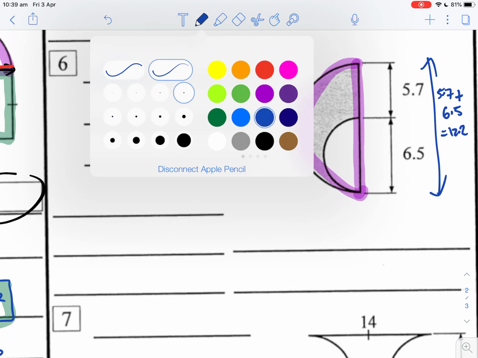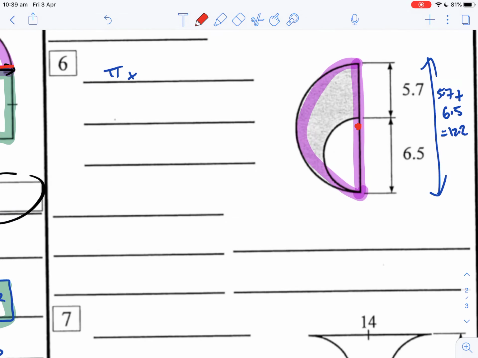So I'm going to draw that onto here. So the radius for this full circle would be my 6.1. And I'll just show that working there. So basically I had my 12.2 divided by 2. I've halved it. That's where my 6.1 comes from. So pi times my radius, which was 6.1 squared, would be a full circle.